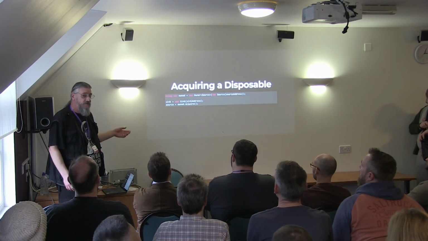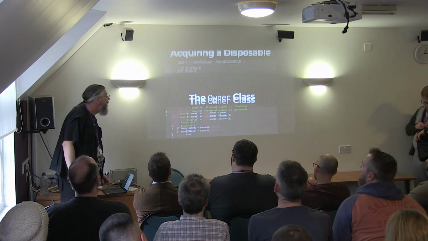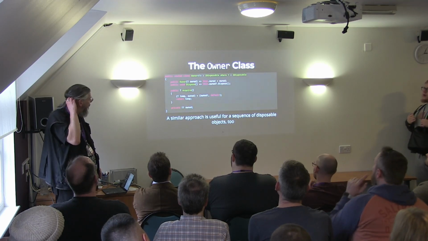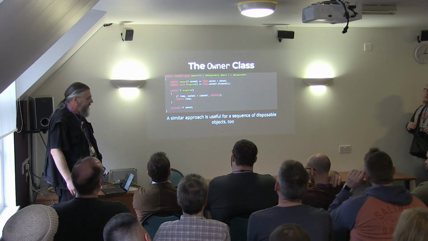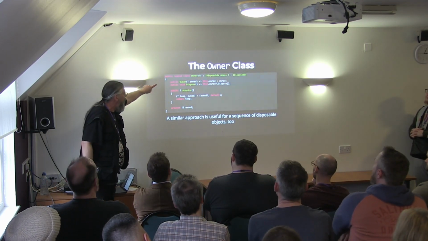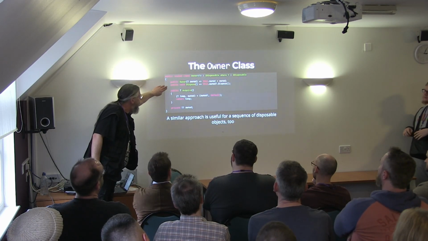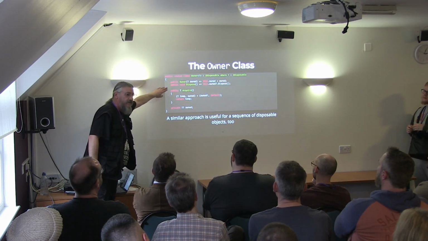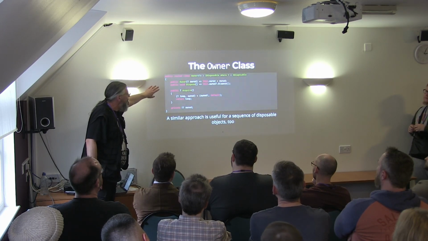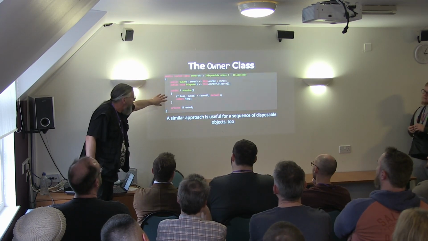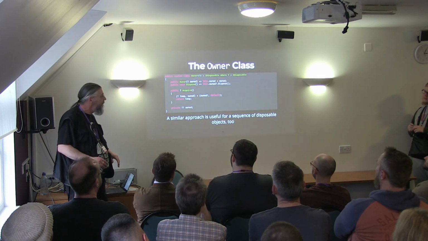It's not part of the standard library. I wish it were, but it's not very hard. So the idea here is that we own an object and we dispose of the object when it's disposed. And then when we acquire the object, we can do this really neat trick.